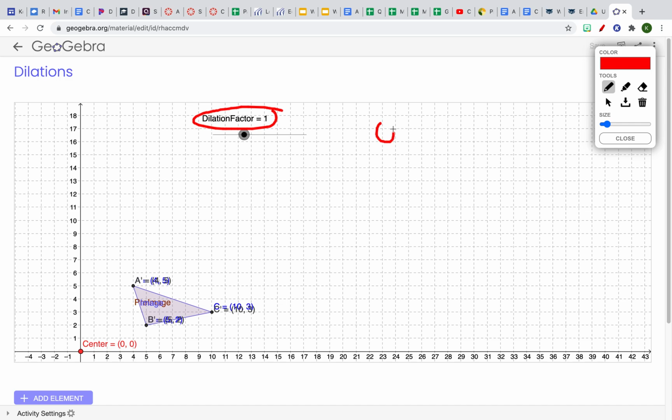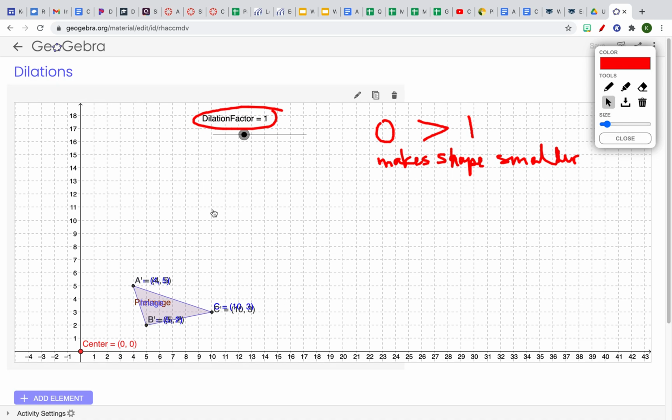Everything between 0 and 1, so it's going to be greater than 0, but less than 1, everything in that range is going to make the shape smaller. It's still proportional, but it makes it smaller.